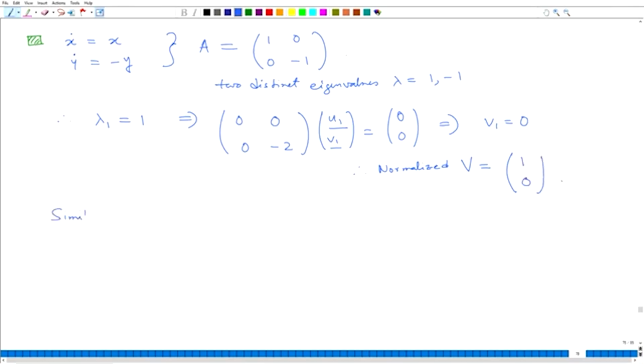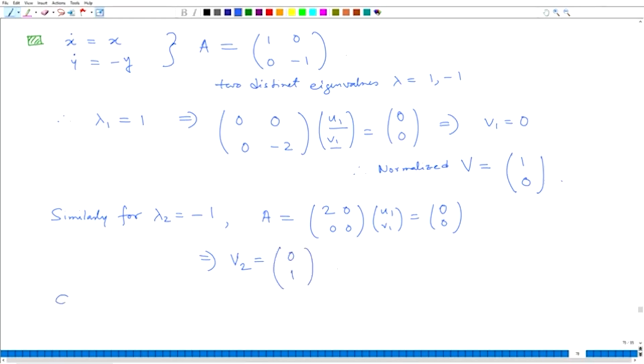Similarly, for lambda 2 is equal to minus 1, A is equal to [[2, 0], [0, 0]], u1 v1 is equal to 0 0, and from that we actually have the normalized eigenvector v2 to be (0, 1).